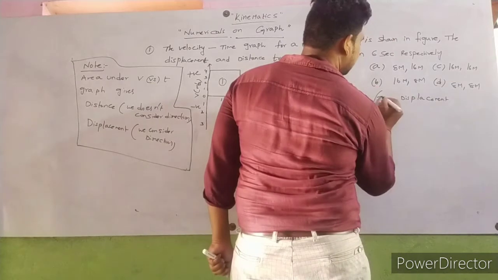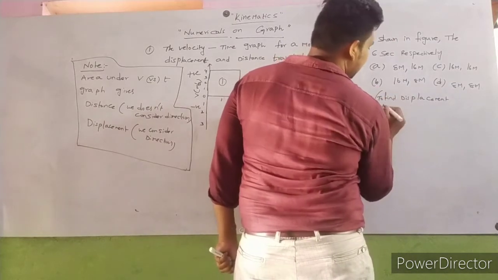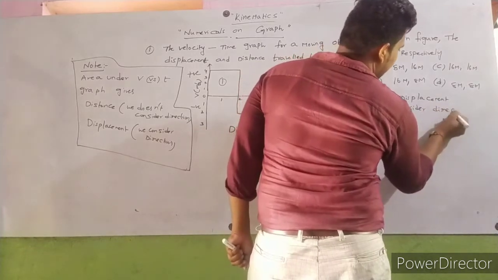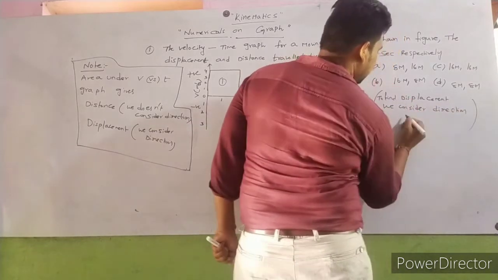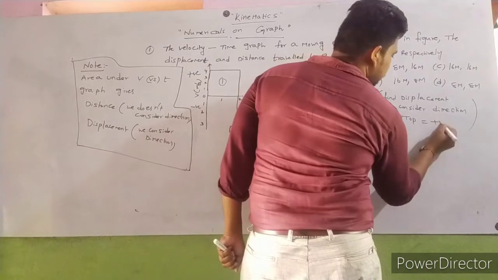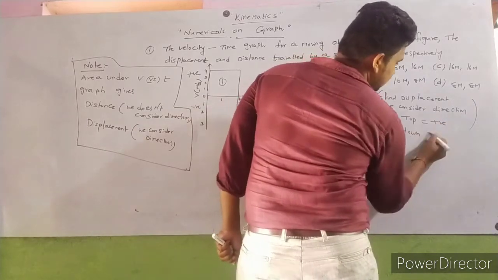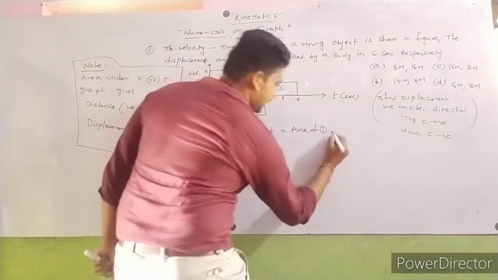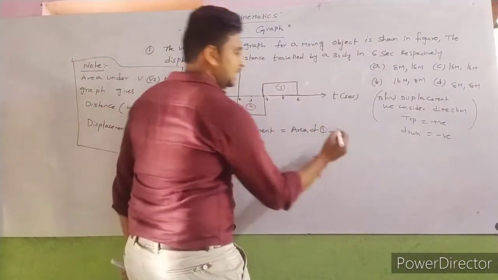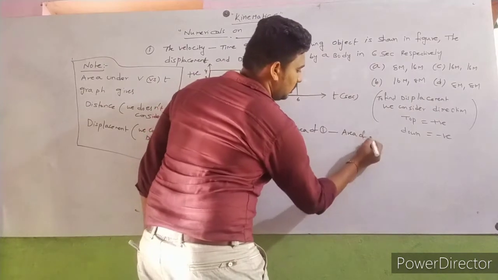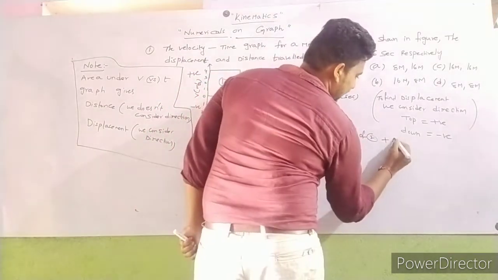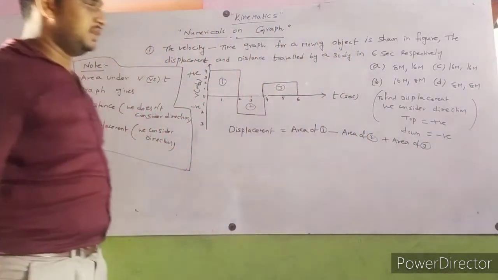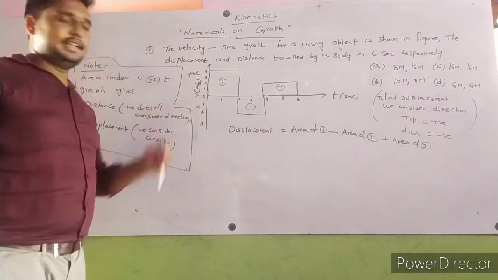To find displacement, we consider direction. Top we consider positive, downside we consider negative. So area of 1 minus area of 2, because area of 2 is downside, plus area of 3, because we consider direction for the displacement.